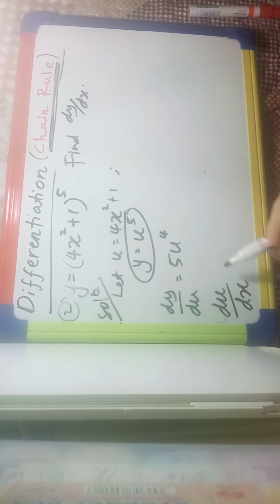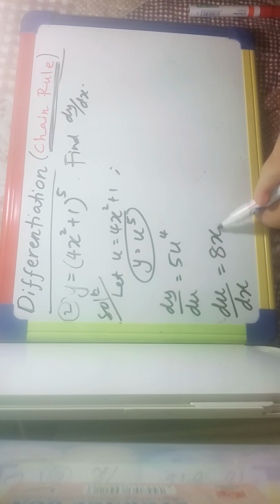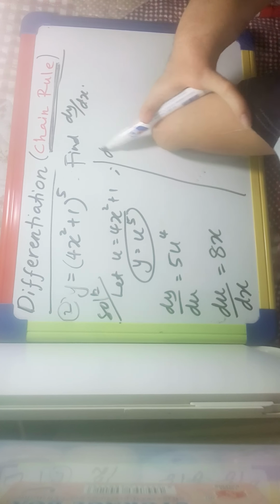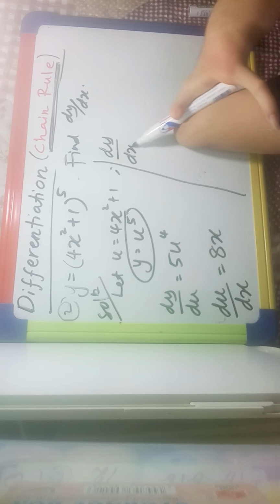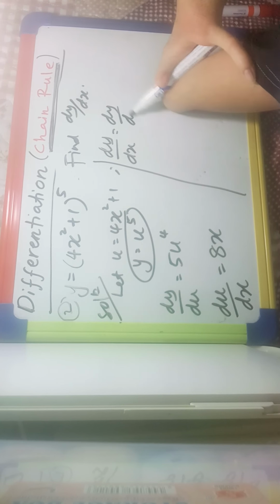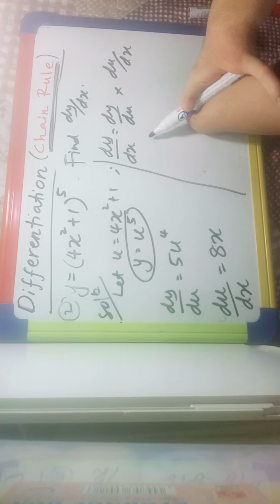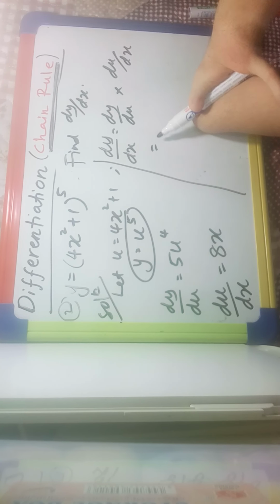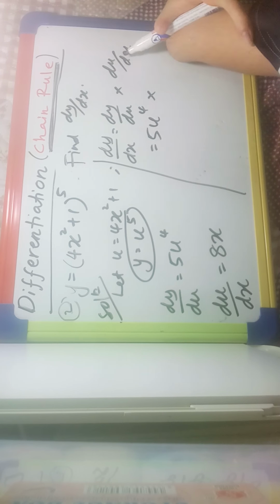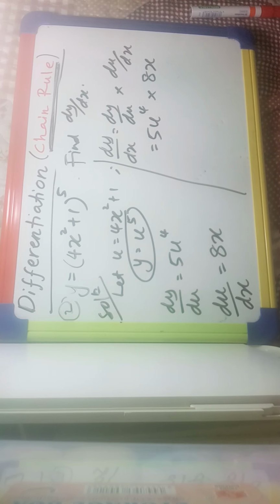Du over dx is equal to, differentiate 4x square plus 1, we will get 8x. Now apply the chain rule formula. So dy over dx will equal dy du multiplied by du dx. What is dy du? 5u to the power of 4. What is du dx? 8x.